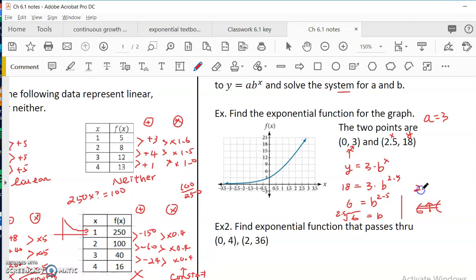So you can do 2.5 and then a root and then 6, and that's how you get it. So let's see. 2.5, then root, then 6. 2.0477. So there I have b solved.